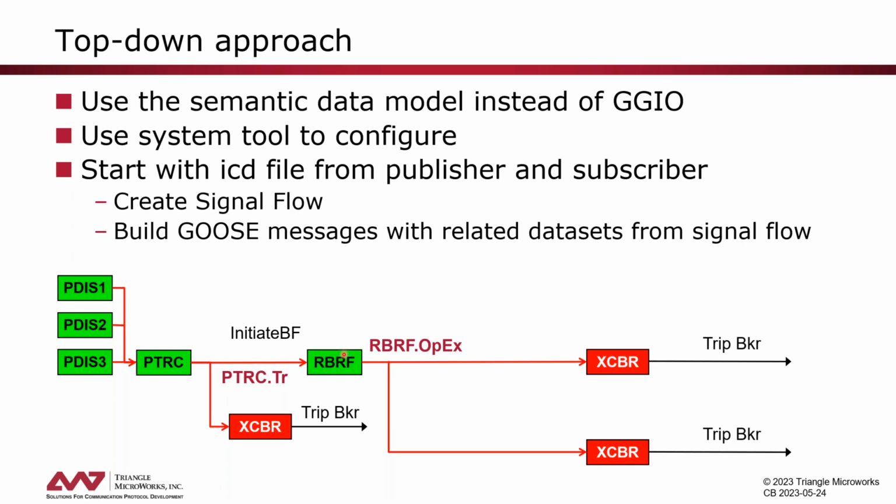If it didn't open, we may do a retrip, and if it still doesn't work, we have to do what we call the external operate or the external trip. So we have to send now that signal, and that signal will be sent as a GOOSE message to all the devices that are interfacing to the neighbor breakers, and it's typically going to the logical node XCBR there as the interface logical node, and then we will trip the breaker. So that's more or less the application, how it will look in a 61850 model.